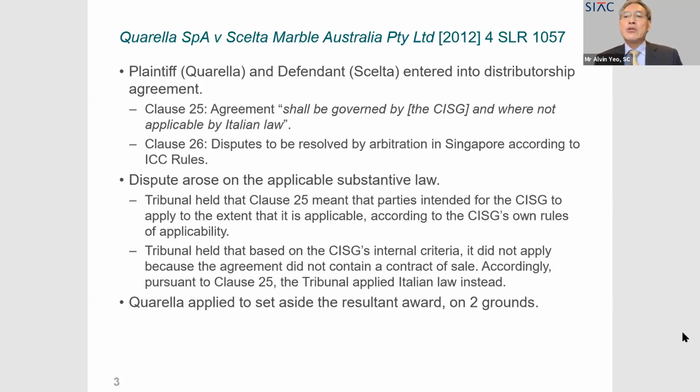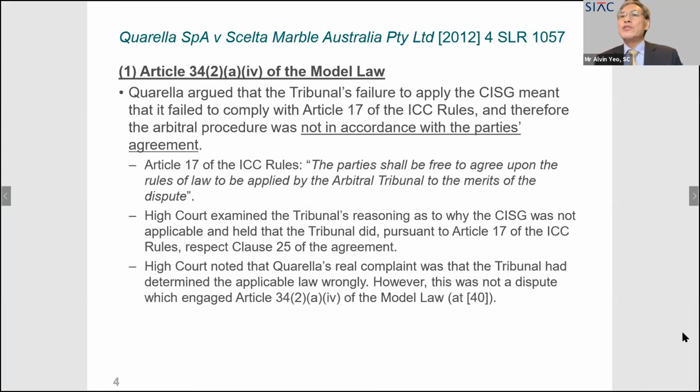And Querela, who was unhappy with that, applied to set aside the award on two grounds. If you go over to the next slide, one ground was under Article 34(2)(a)(iv). This is the ground in the Model Law where a complaint is made that the arbitral tribunal did not follow the arbitral procedure in accordance with the parties' agreement.